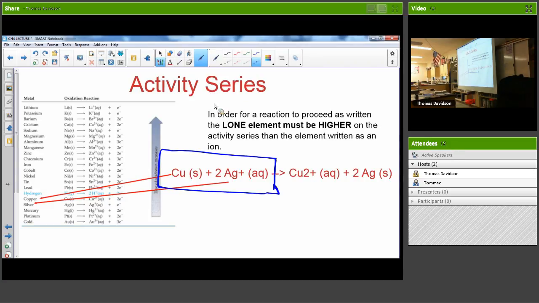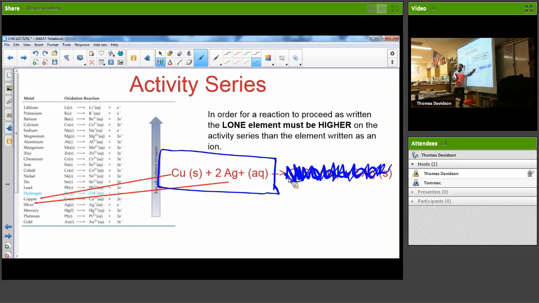All right, so what we do is we look at the reactants side only. For this right here, like these are important, but not for this question. So to determine whether it actually happens or not, we simply look at the reactants and the lone element. So which one of these is the loner? Copper, because remember, if it was a plus, it was with something else.